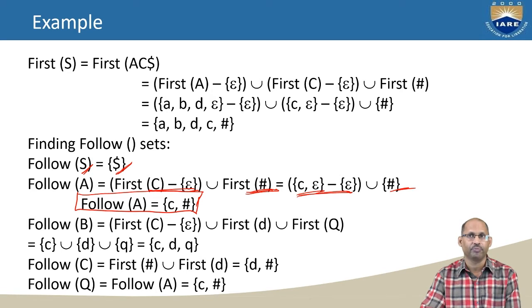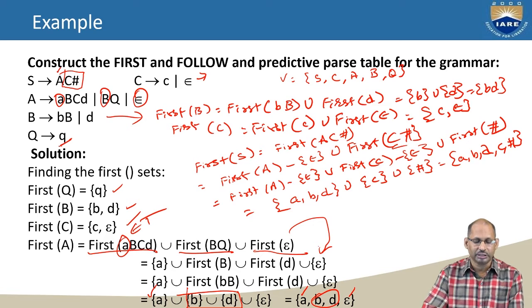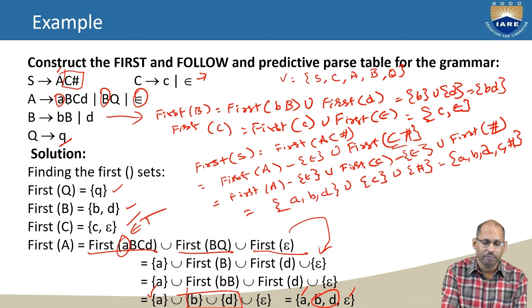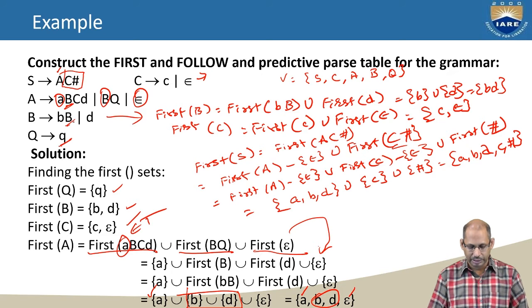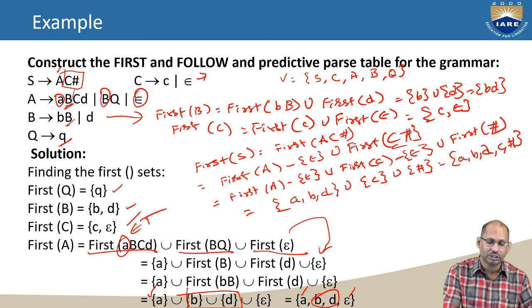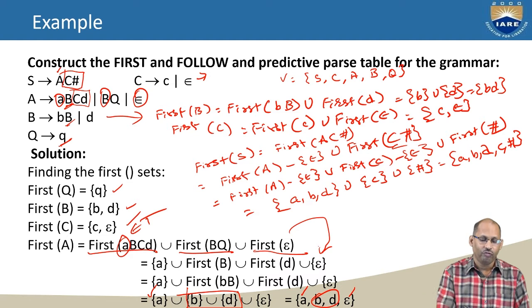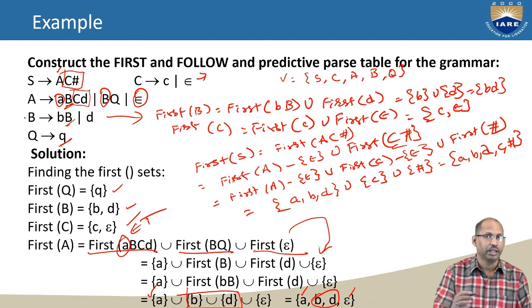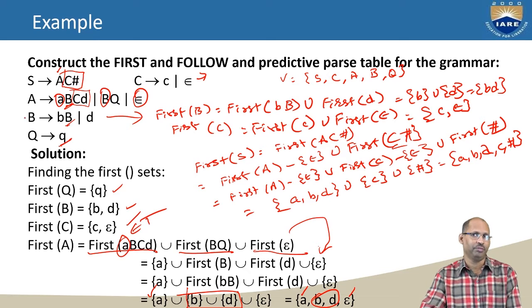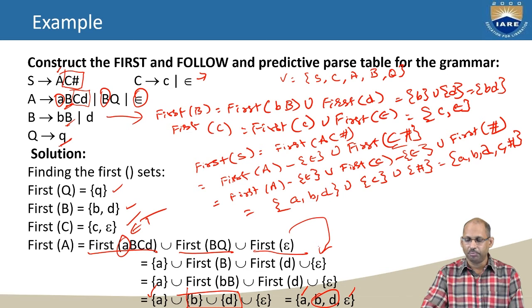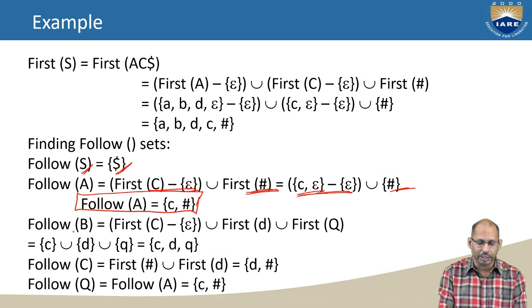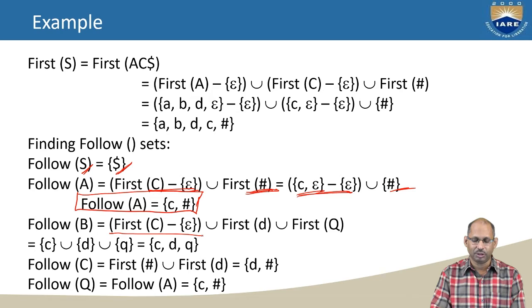Then follow of B. In the given productions, B is there. Follow of B is simply first of C D. Follow of this B is follow of B, it is the same, so we'll skip. So simply follow of B is first of C. It has epsilon, so minus epsilon.